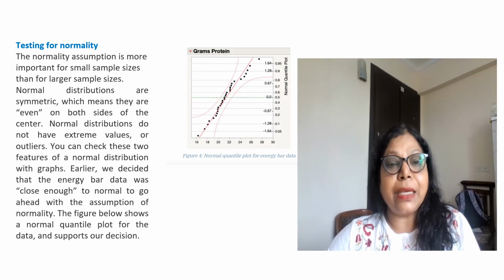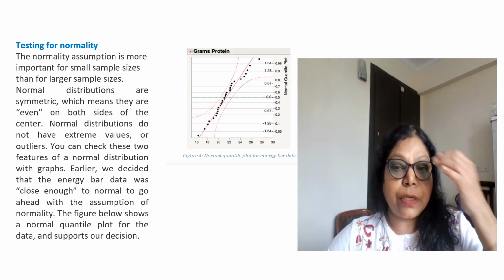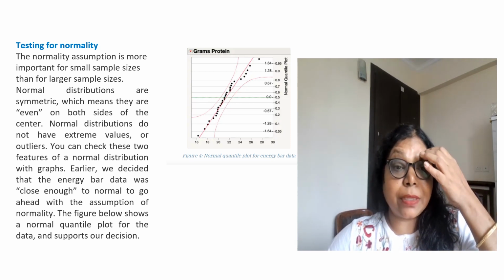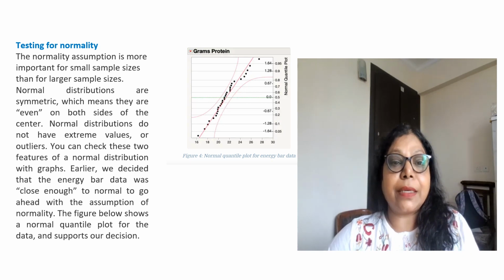We can also perform a formal test for normality using software. One of the figures on the slide is the result of the testing for normality.